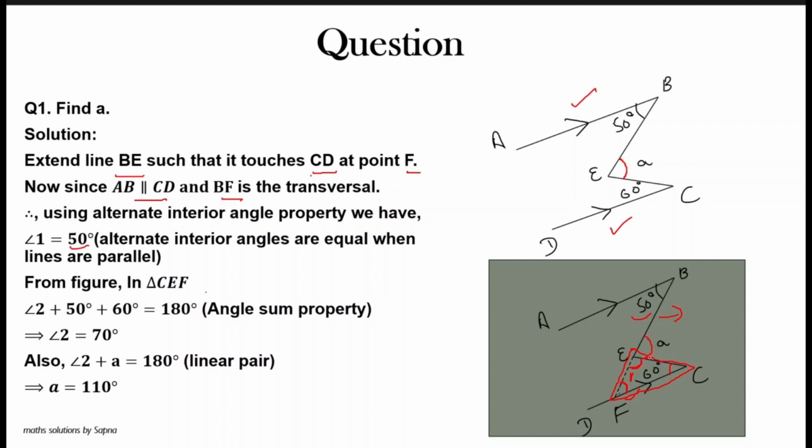Reason: this angle and A are making a linear pair. We have learned it in the second video related to parallel lines and transversal. If you have doubt about what a linear pair is, you can watch that video. I'll be providing the link to that video below in the description box of this video. So coming back to the question.